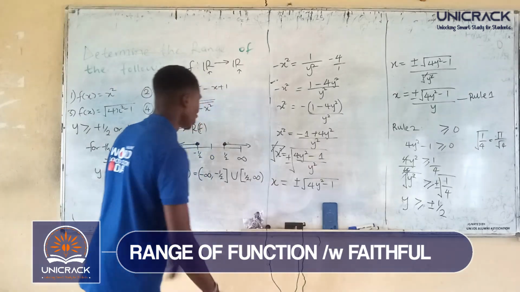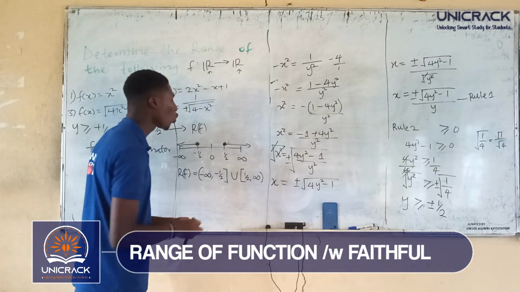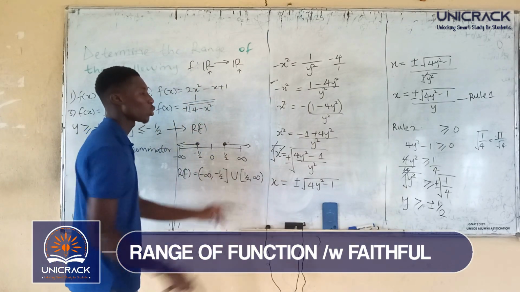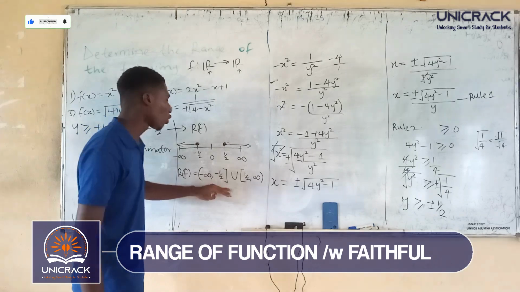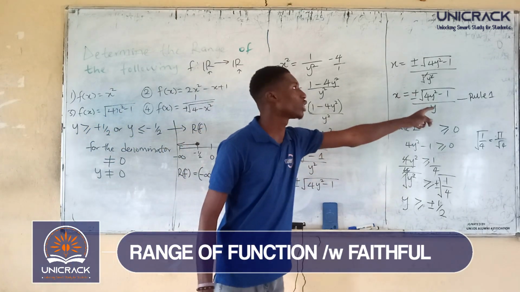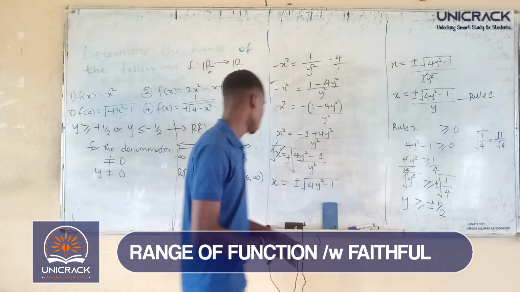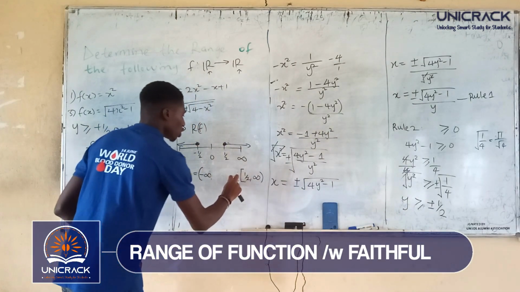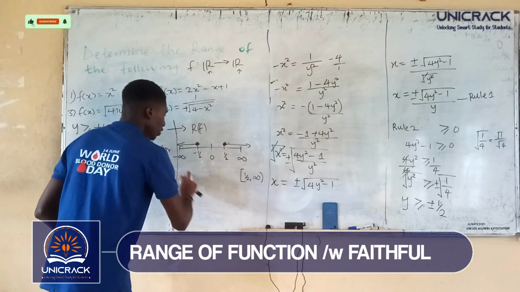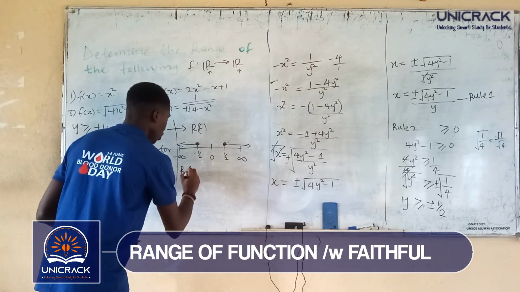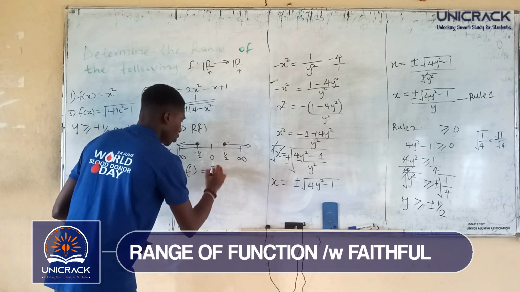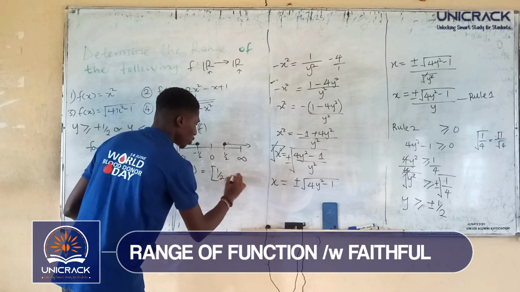Therefore, the range of this function would only be from 1 over 2 to infinity, because it is a radical function and will not bring out a negative value. So r of f would only be from positive 1 over 2 comma infinity.